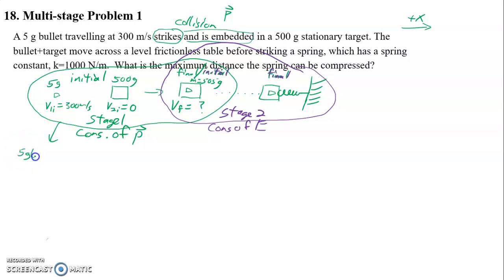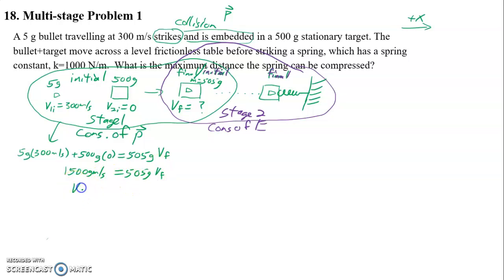Conservation of momentum: 5 grams times 300 meters per second, plus 500 grams times 0, wasn't moving at all. And then afterward, the 2 things are stuck together, so we'll just treat them as a single object with a single final velocity. And then we get 1500 gram meters per second equals 505 grams times vf.